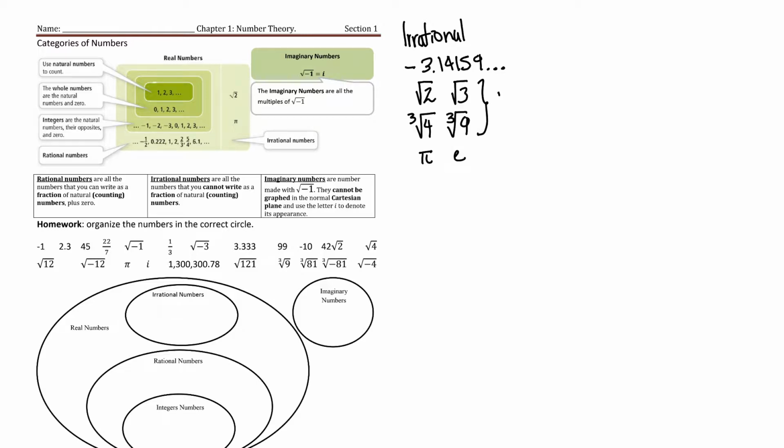Examples like that would be the square root of 4 and the cube root of 8. Both the cube root of 8 and the square root of 4 can be written as a fraction, okay, once you simplify it. For example, the square root of 4 is 2 and the cube root of 8 is 2 as well, which we can write as fractions.